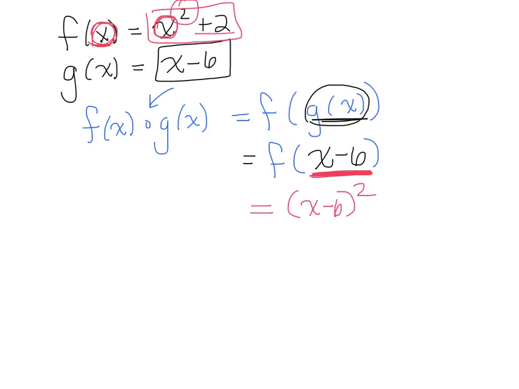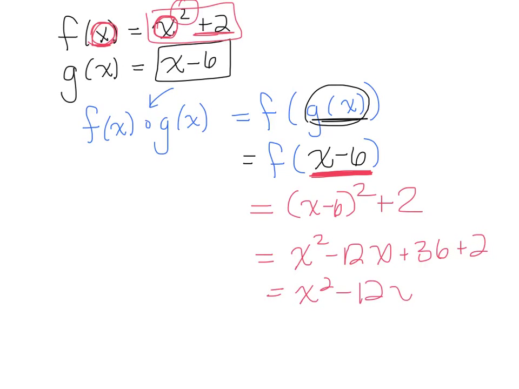But then I had to do the plus 2, so that gets tacked on here at the end. So that's a composite function, and that's really the hard part of what we'll be doing. And now it's a simple matter of simplifying everything. I'll make sure I FOIL this correctly, and then I'll gather up my like terms, and I'll call it done, because that's in a nice standard form.